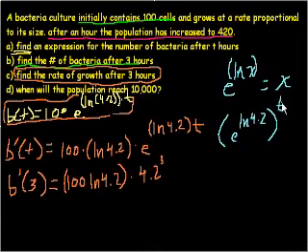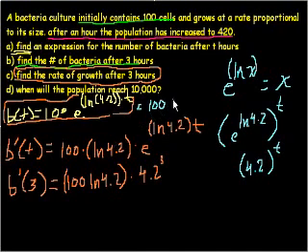Because if you were to simplify, you just take this exponent, multiply this, and you get 4.2 to the t. And actually, I should have written our original equation as that. I could rewrite our original bacterial function equation as 100 times 4.2 to the t power.